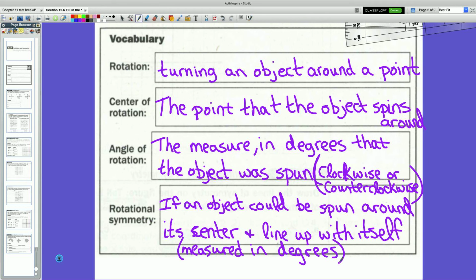The fan, right? Once it spins around so far, it would line up where it started. Or it would line up in a position that matches how it started, right? It has to be less than 360 degrees. Because if it's 360 degrees, you just end up right back where you started, just as if you didn't turn it at all.